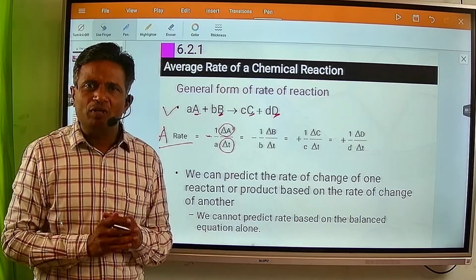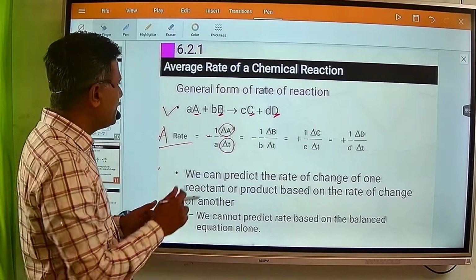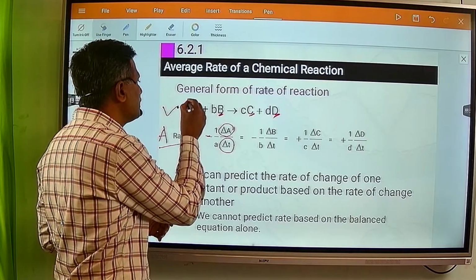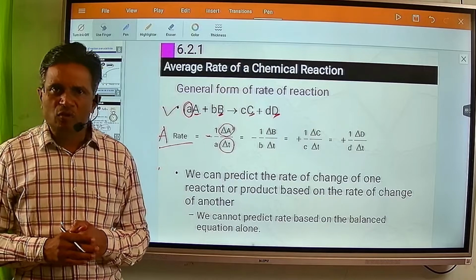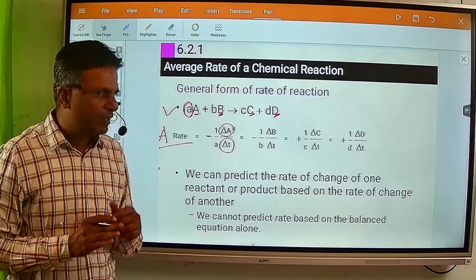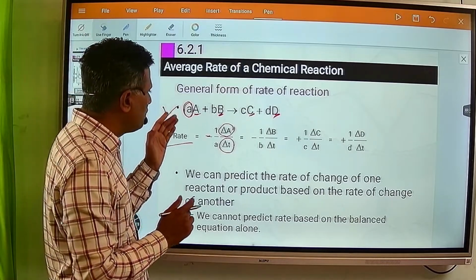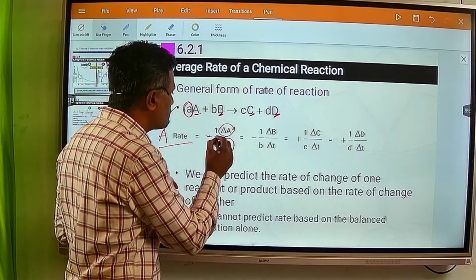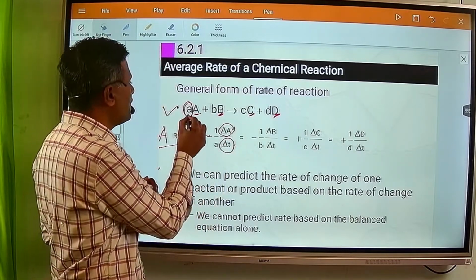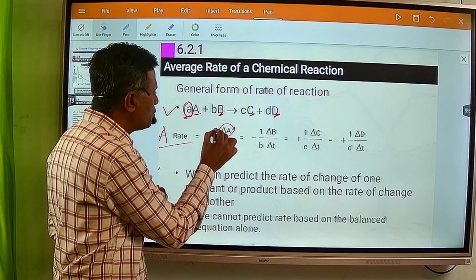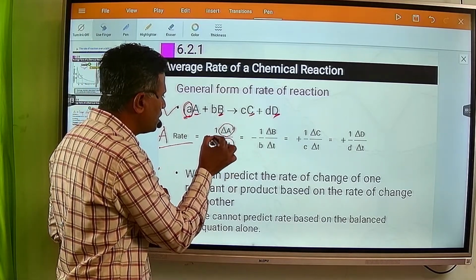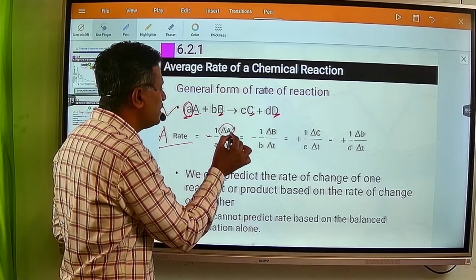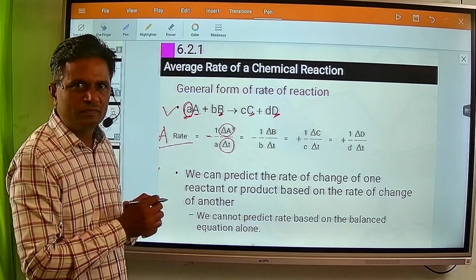But a very important change that you have to make for such a reaction is that you have to divide this expression by the coefficient of that reactant. That means small a is the stoichiometric coefficient, so you divide by it, and therefore you have minus 1 over a, delta A upon delta T, isn't it?